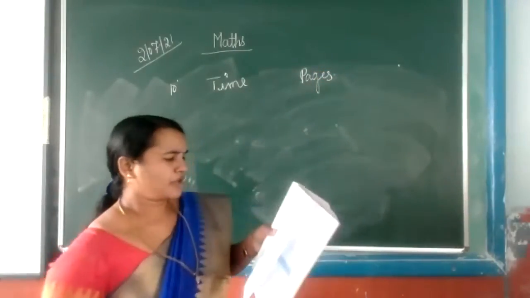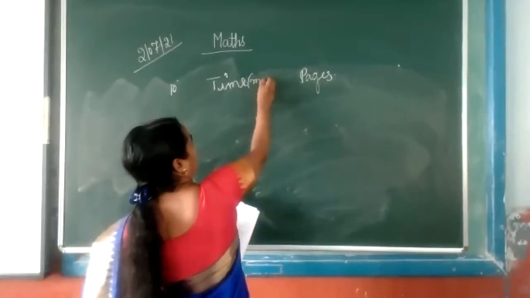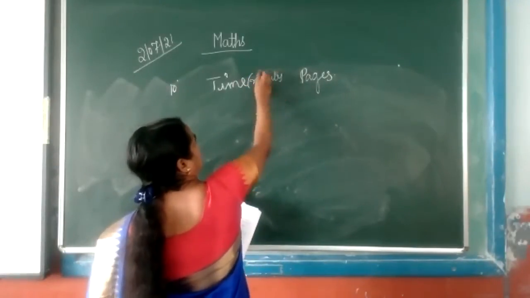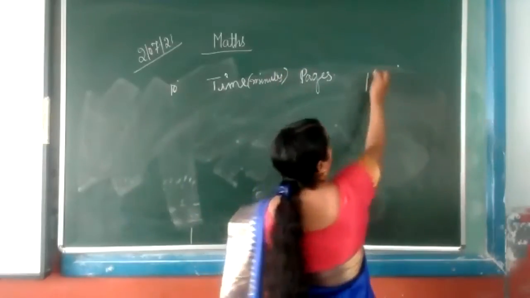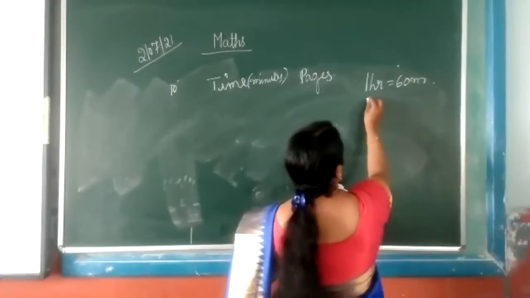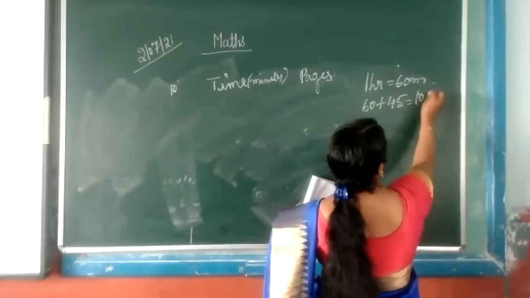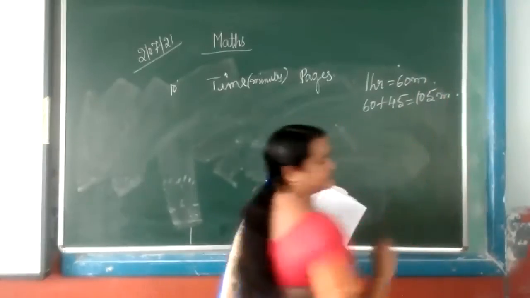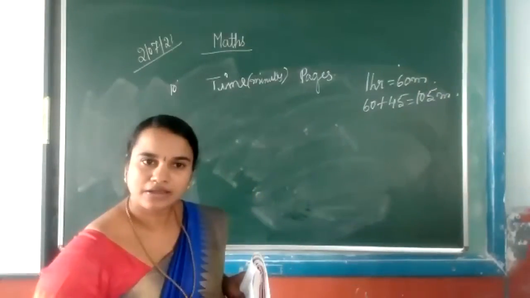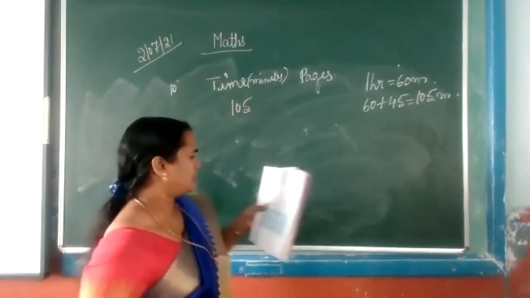It is given 1 hour 45 minutes, so we will convert into minutes. 1 hour is 60 minutes and the remaining 45. That means 60 plus 45 equals 105 minutes. Clear? So we will take the time as 105 minutes.